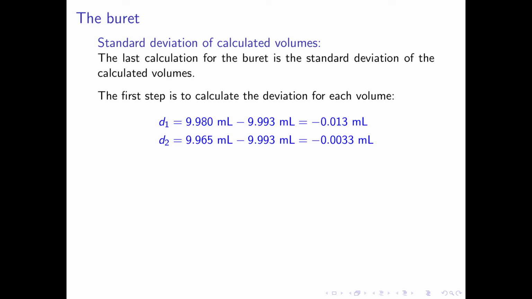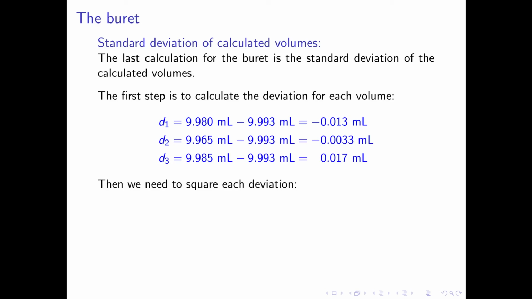For the second deviation, we have 9.965 milliliters minus 9.993 milliliters, or negative 0.0033 milliliters. And for the third reading, we have 9.985 milliliters minus 9.993 milliliters, or 0.017 milliliters.